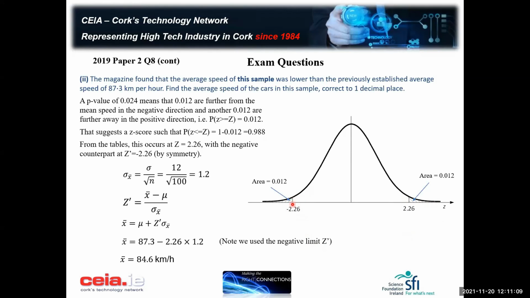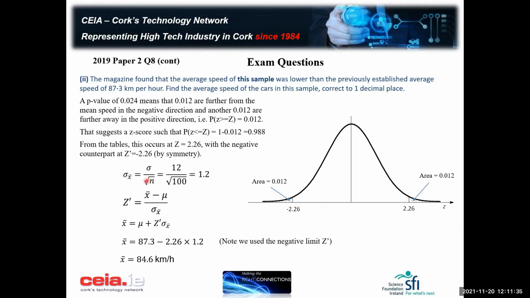So in order to get a p-value of 0.024, they must have had a z-score of either 2.26 or minus 2.26. They're saying the average speed was lower than the previous speed of 87.3. So it must be 2.26 standard deviations lower.